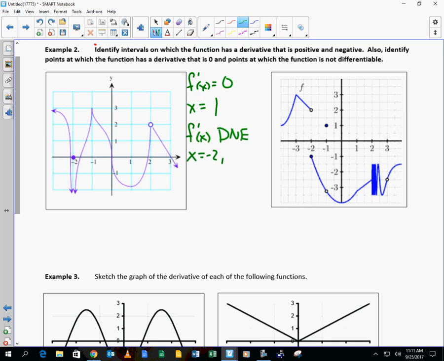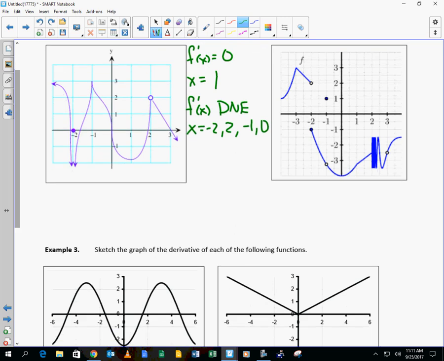What's another spot? 2, why? Yeah, it's discontinuous as well at 2. Yeah, -1, why -1? Yeah, we could call that a corner. Why 0? Vertical tangent. Yep. So those are all situations where the derivative does not exist. You can't take the derivative at those spots.